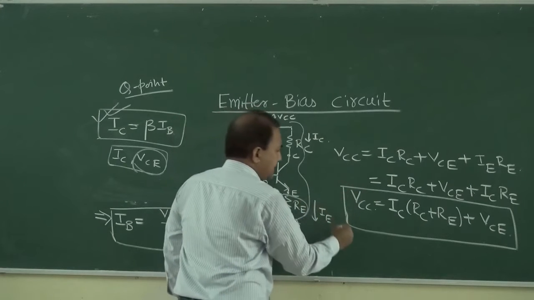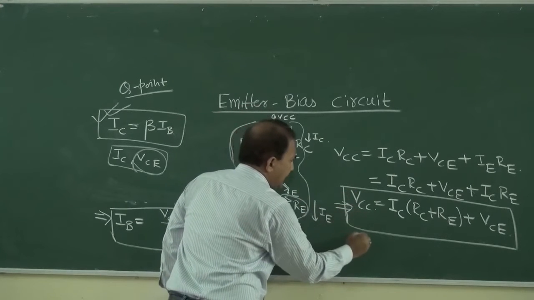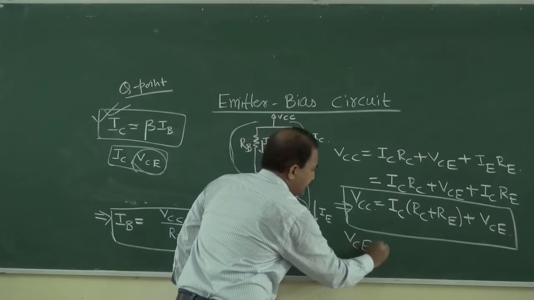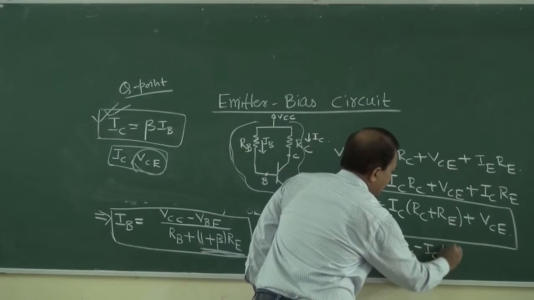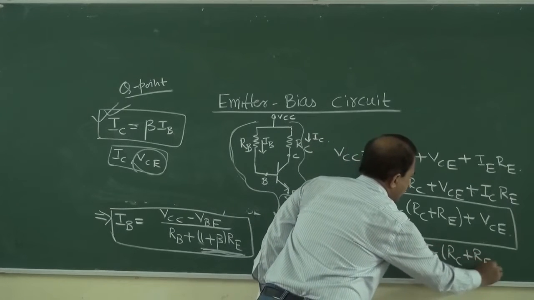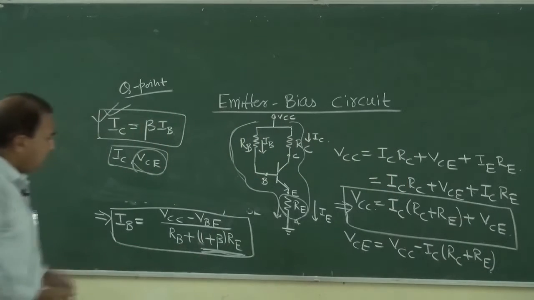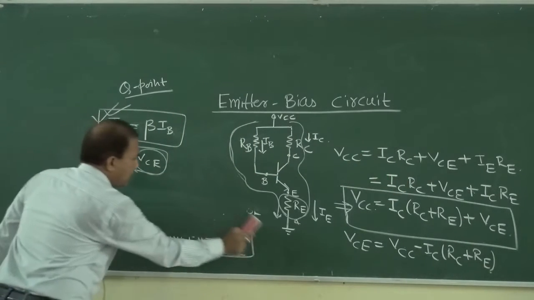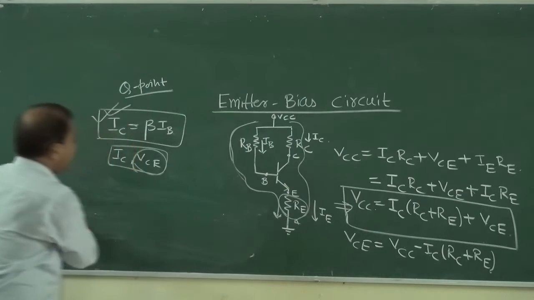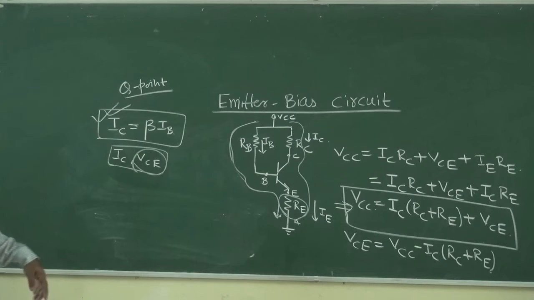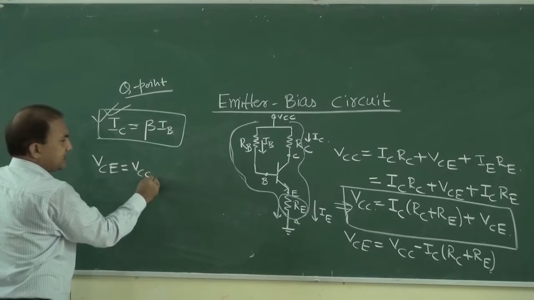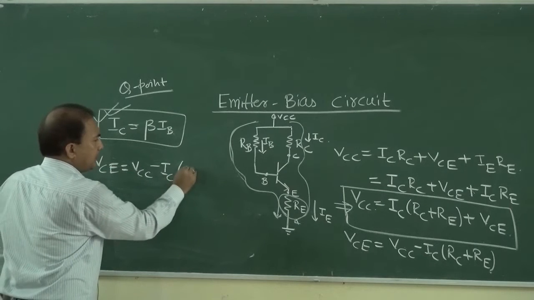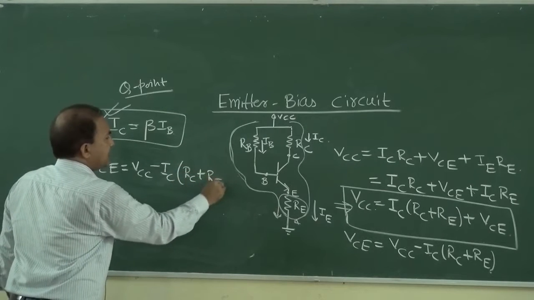So from this equation, how we can determine VCE? VCE it is equal to VCC minus IC RC plus RE. So in this way we can determine the Q point or operating point. So IC it is equal to beta IB, and how to determine VCE? VCE it is equal to VCC minus IC into RC plus RE.